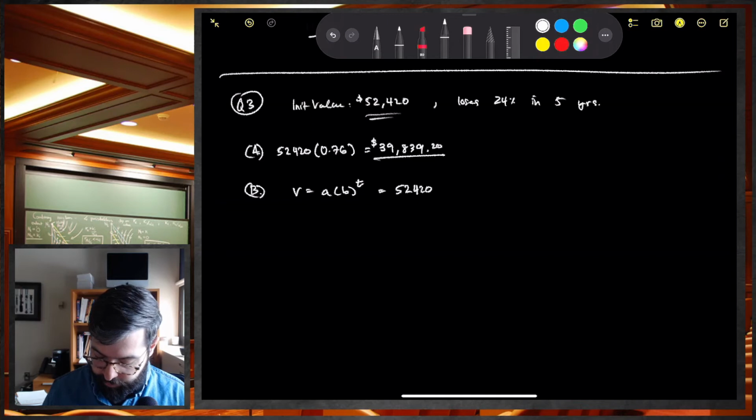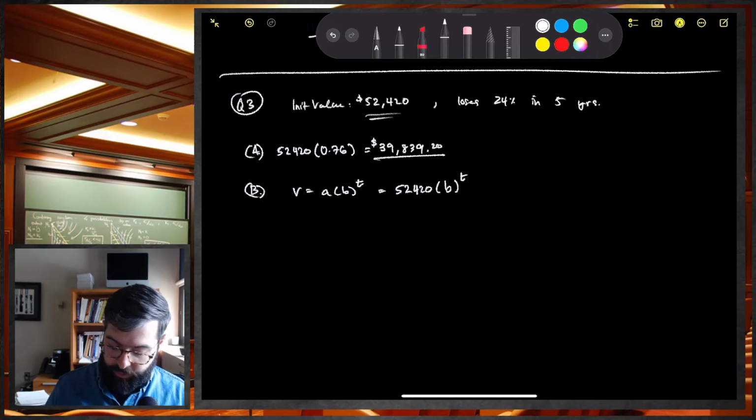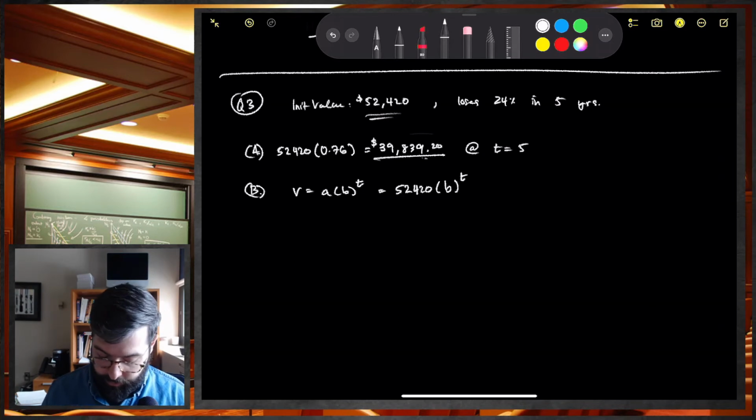That's when t equals 0, times b to the t. And we also know that at t equals 5, this is what our value of the car is, 39,000. So we also know that v of 5 is 839.20.